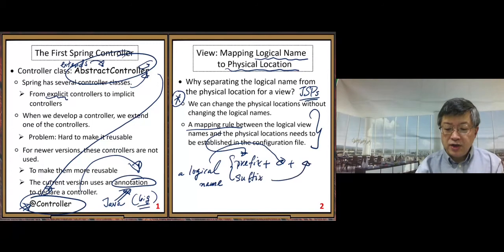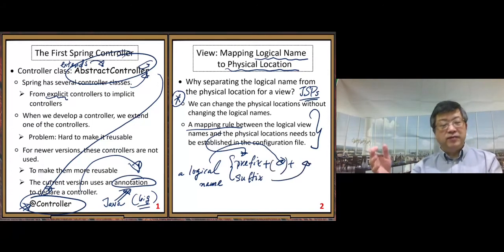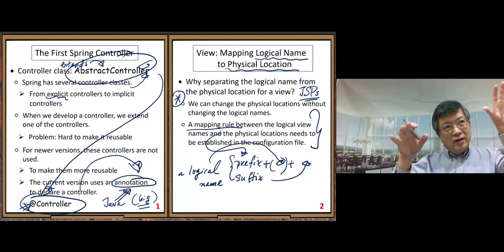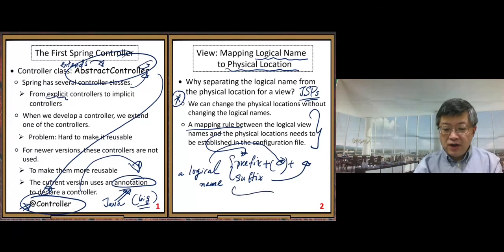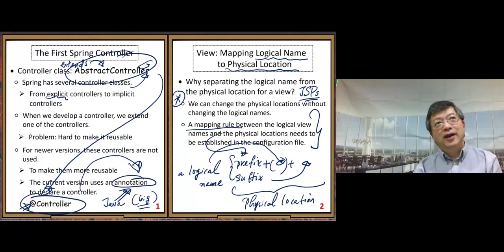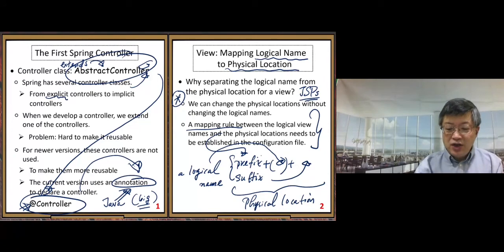In the middle, the logical name. Prefix and suffix together, you get a physical location. So this is the physical location. That's simple. Later, when you need to make a change, usually you change the prefix.